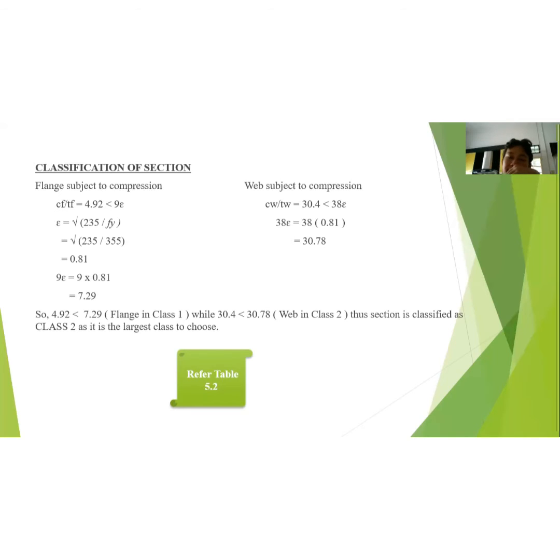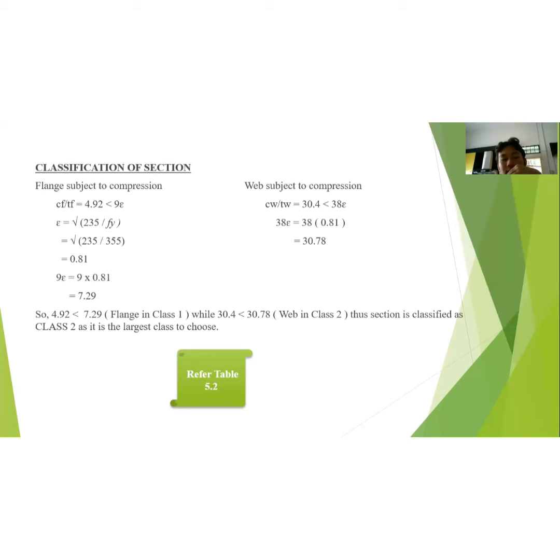For the width subject to compression, CW with DW, we get 30.4 smaller than 38 coefficient. With the coefficient of 0.81 multiplied by 38, we get 30.78 for the width subject. So 4.92 smaller than 7.29.